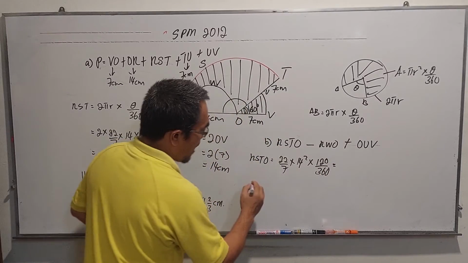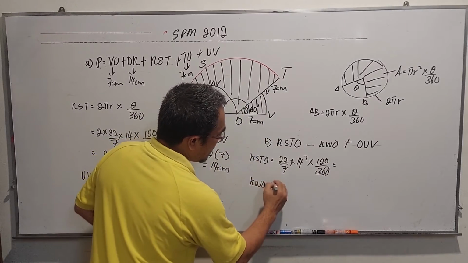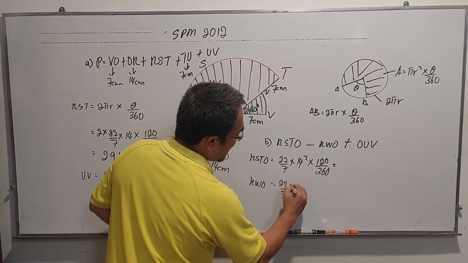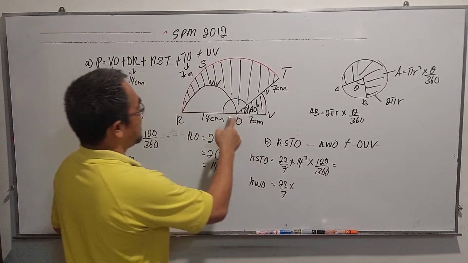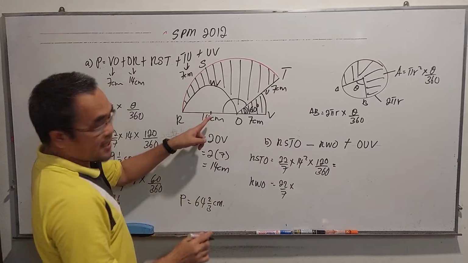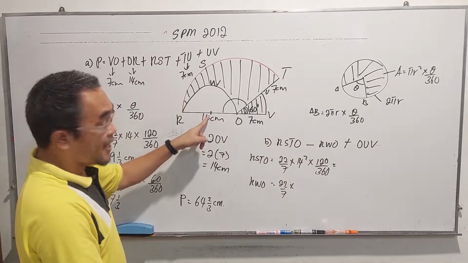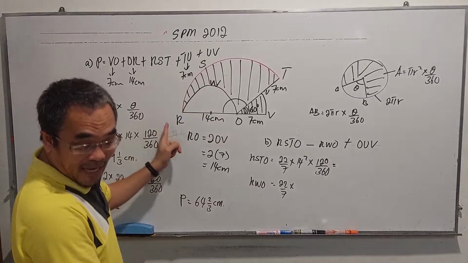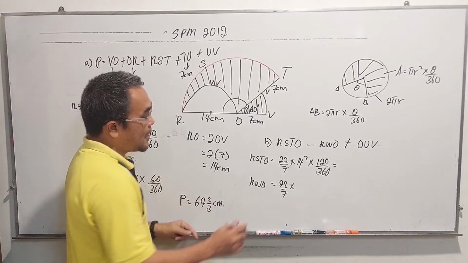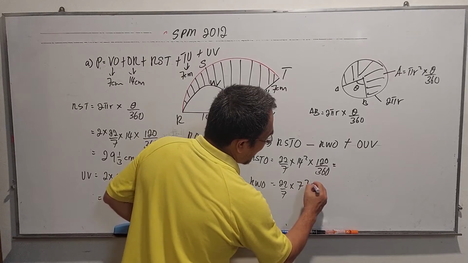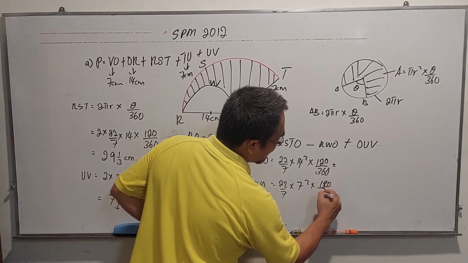For RWO, it is 22 over 7 times, now for this one the center will be the middle of RW, somewhere here. So the radius is 7. So times 7 squared times 180 over 360.